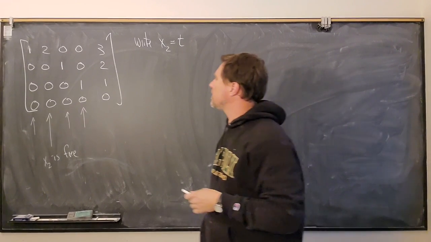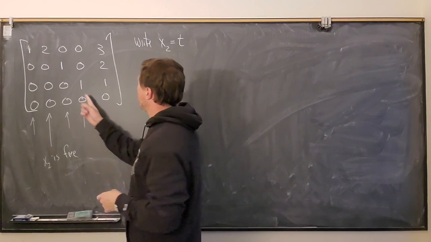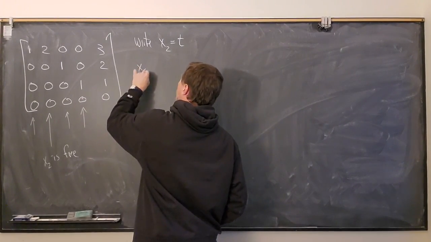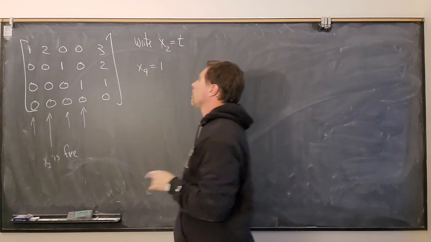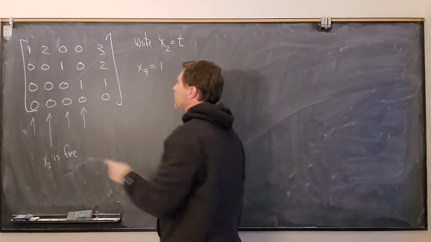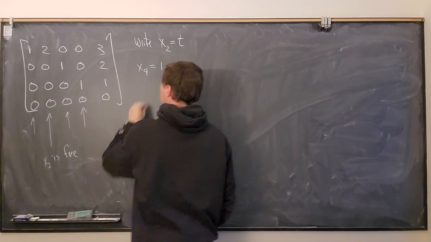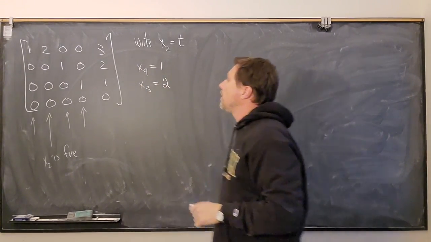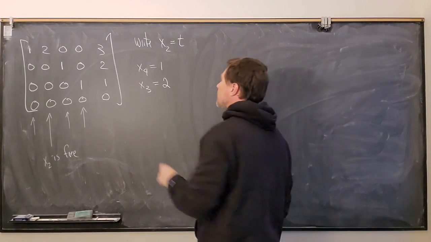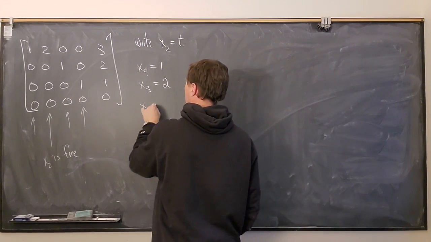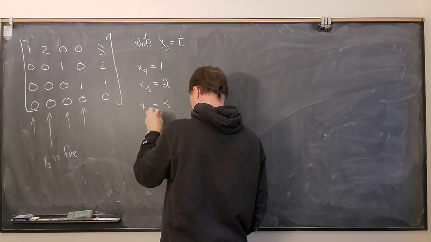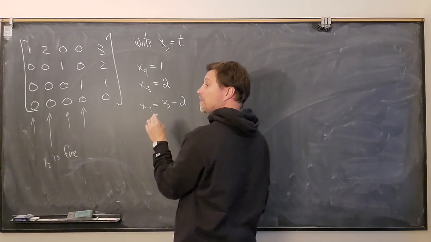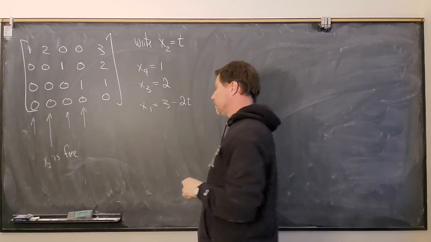Okay, so now what do we see here? We see that x4 has to equal 1. We see that x3 has to equal 2. And then we see that x1 has to equal 3 minus 2 times x2, which is 2t.